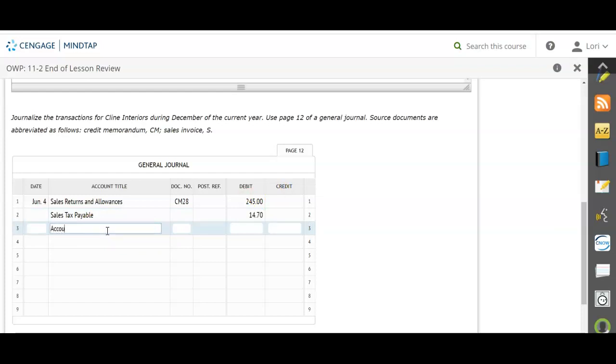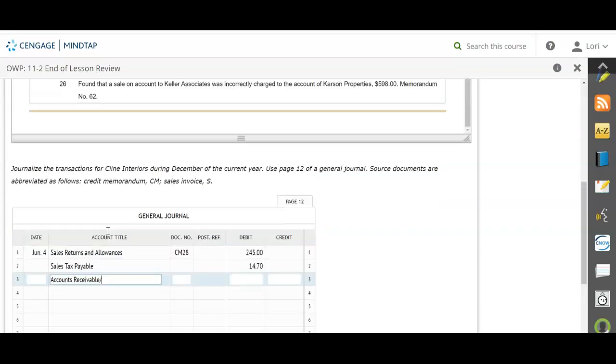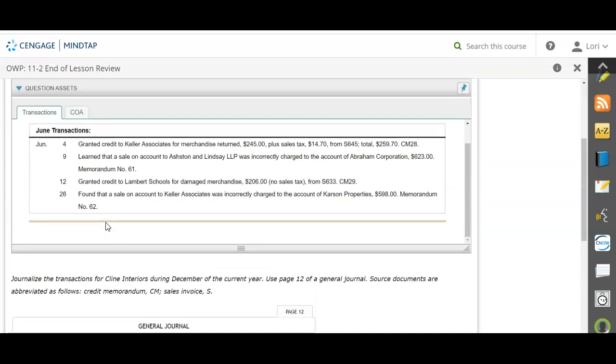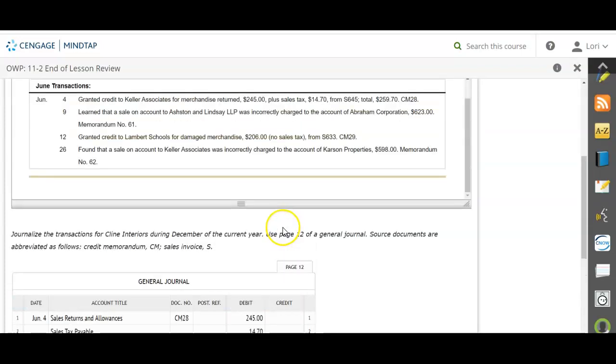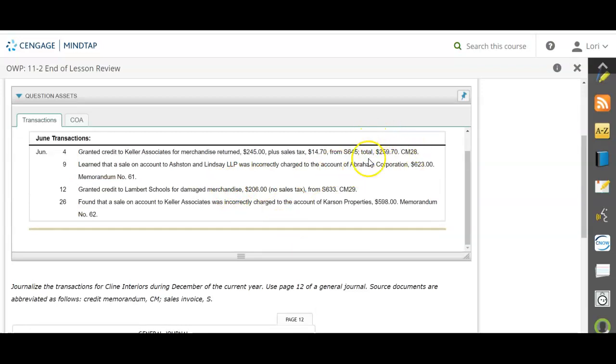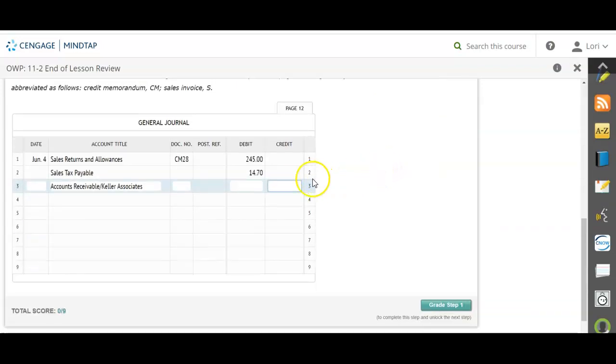So it's accounts receivable slash Keller Associates. And that will be a credit for the 245 plus 14.70 added, or 259.70. Okay, that's our first transaction.